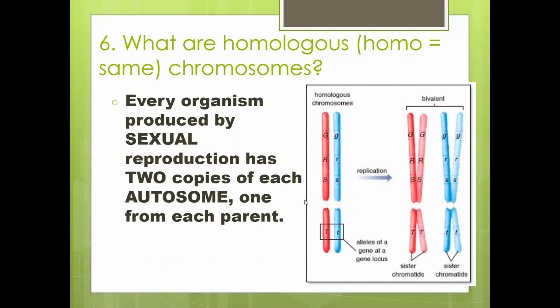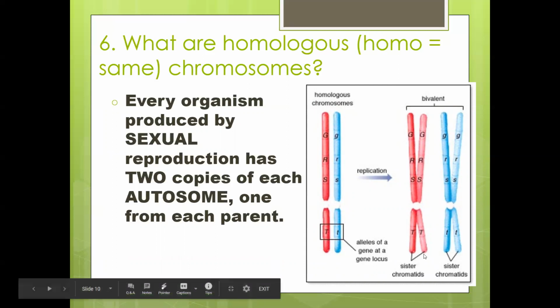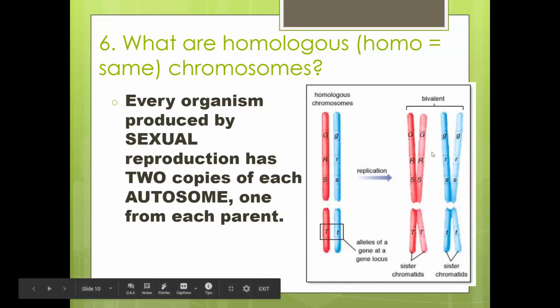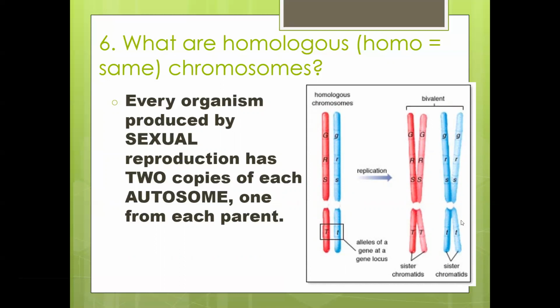Once both of these go through replication before cell division, now you have what's known as sister chromatids. The chromosome you got from your mom went through replication, and now there's an exact copy joined at a centromere. The chromosome you got from your dad, again, went through replication, and now there's two copies of it joined at a centromere.